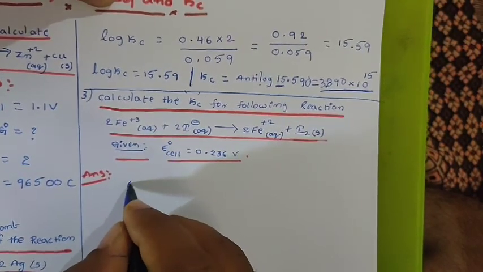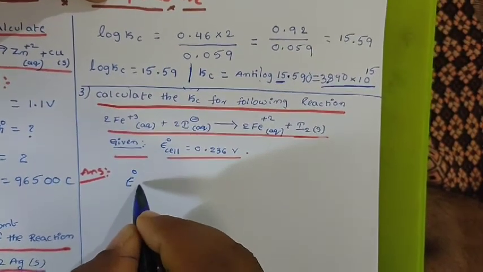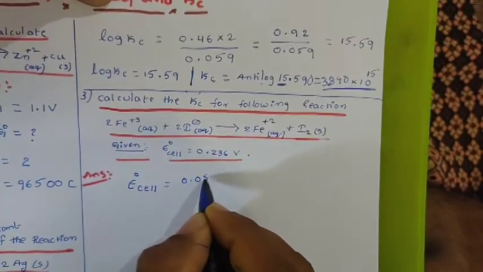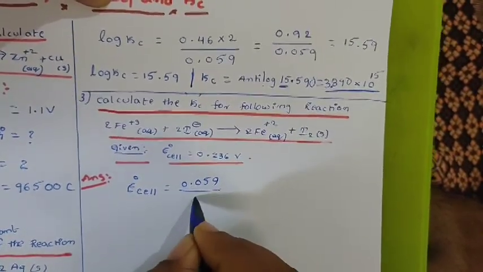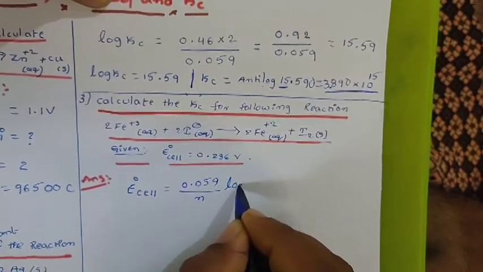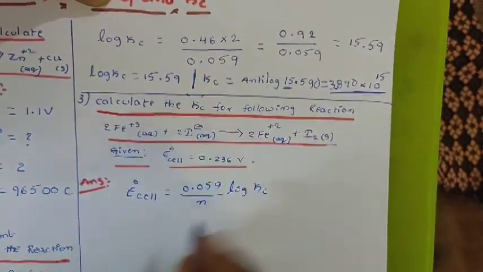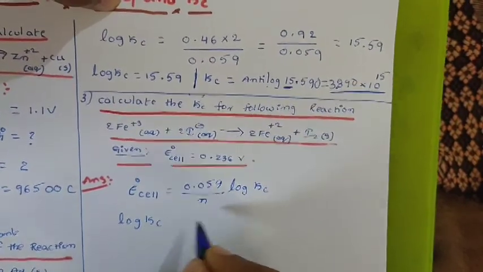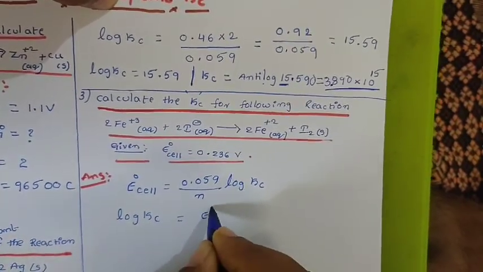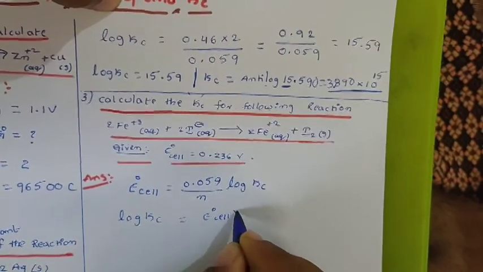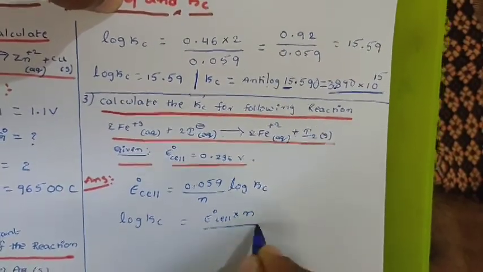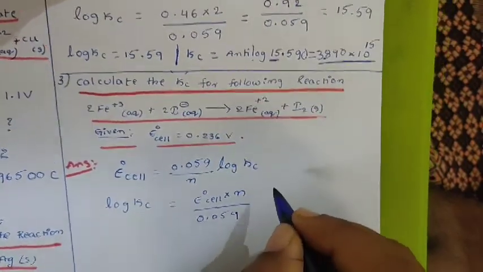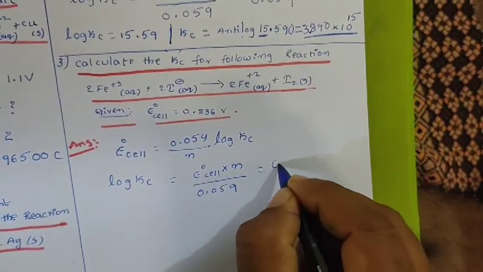The basic formula is E naught cell is equal to 0.059 divided by n log Kc. Now log Kc is equal to E naught cell into n divided by 0.059.